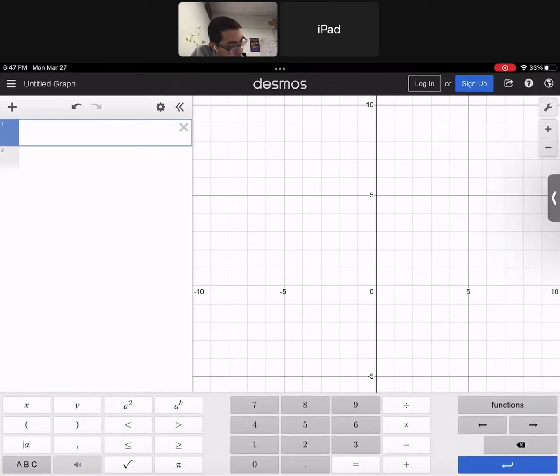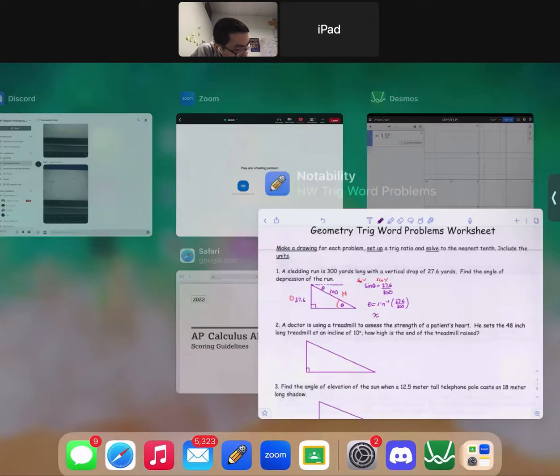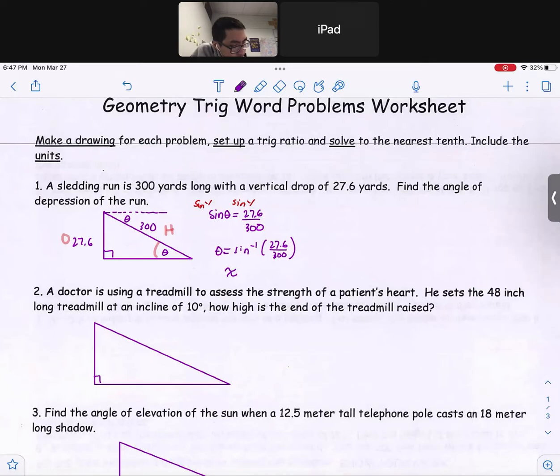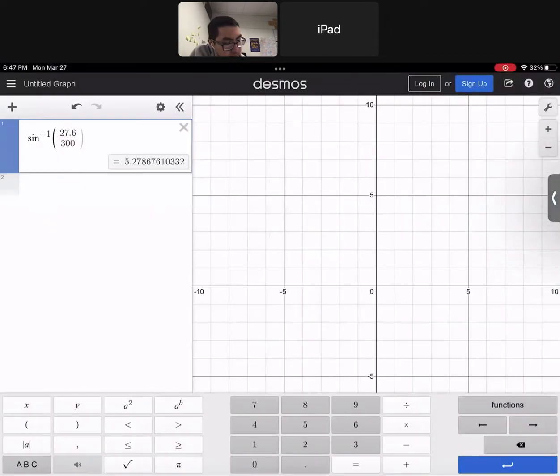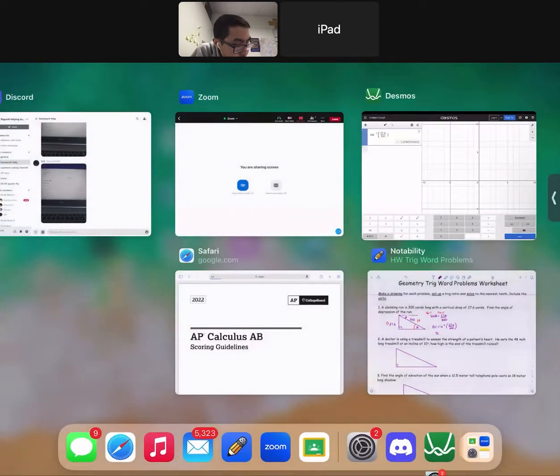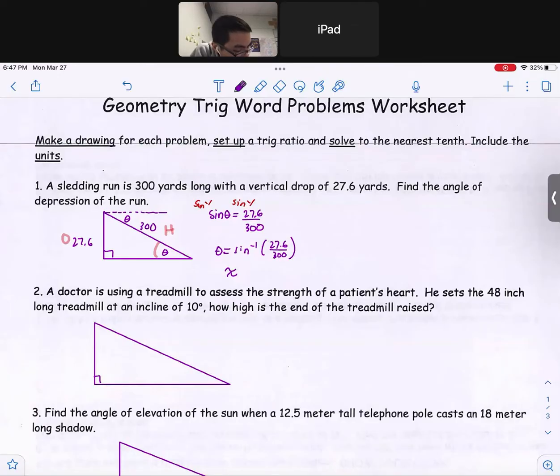Function sine inverse of 27.6 divided by 300. Yep, 27.6 divided by 300. Round it to the nearest tenth. That's 5.3 degrees. 5.3 degrees is your theta.